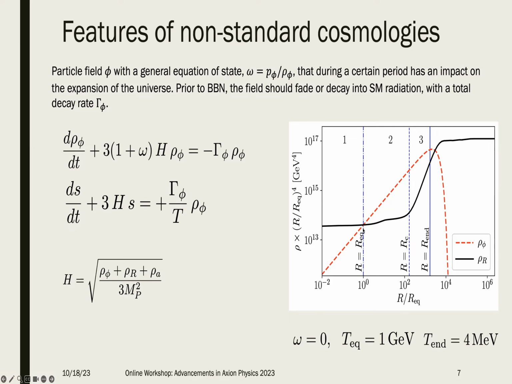We parameterize this non-standard cosmology with 3 parameters: the equation of state, the equilibrium temperature, Tx, that marks the moment where the energy density of radiation equals the energy density of this new field, and then the end temperature, Tend, that marks the moment where this new field decays and radiation takes over again.